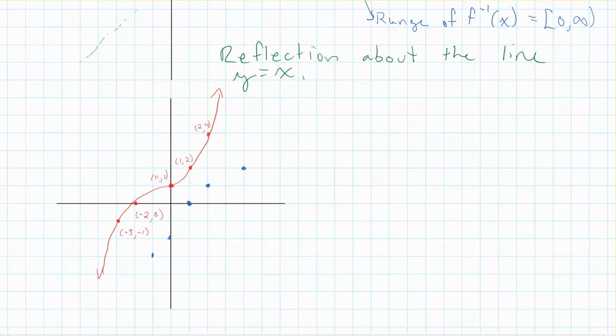And so those are the points, and sometimes it does help to have the y equals x line. So I'll go ahead and draw that y equals x line in, because then it's going to have the same shape.